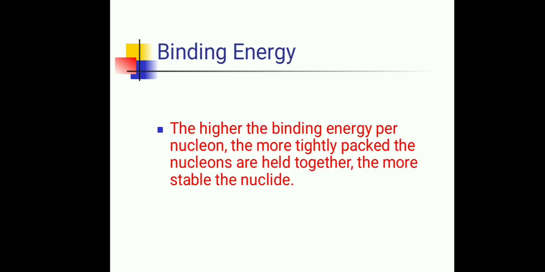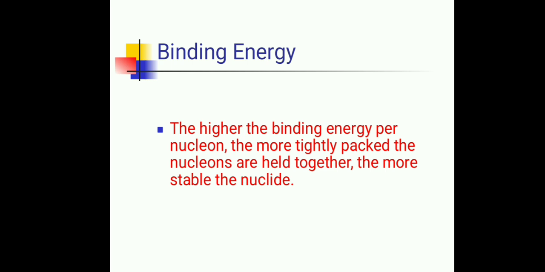The binding energy tells us about the stability of the nucleus. The higher the binding energy per nucleon, the more tightly packed and the more stable the nucleons are held together.